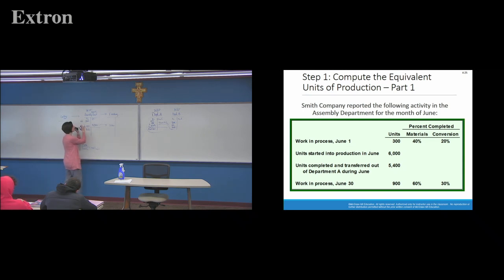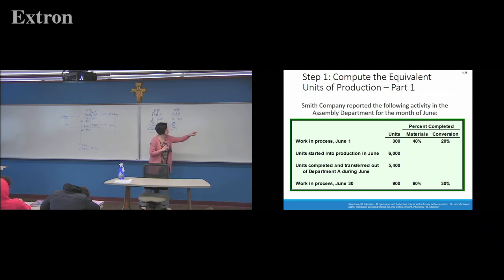But we look at materials separately, and when we combine direct labor and manufacturing overhead, we call that conversion cost, remember? We lump those together. Conversion cost is a term you might want to know for the test. So conversion costs are just my direct labor and my manufacturing overhead added together.